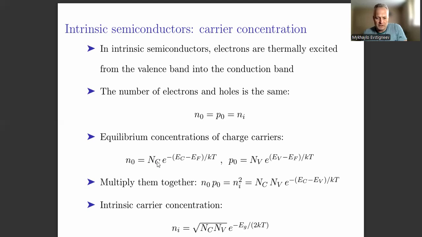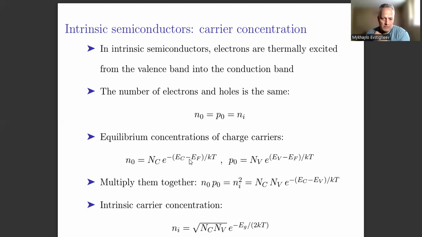If you multiply this effective density of states with the probability for a particular state to be occupied by an electron, here this probability is given by the Boltzmann factor, then you will get the concentration of occupied states in the conduction band. That is, you will get the concentration of conduction electrons.